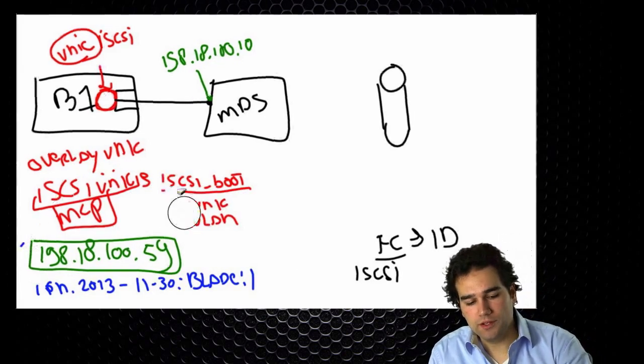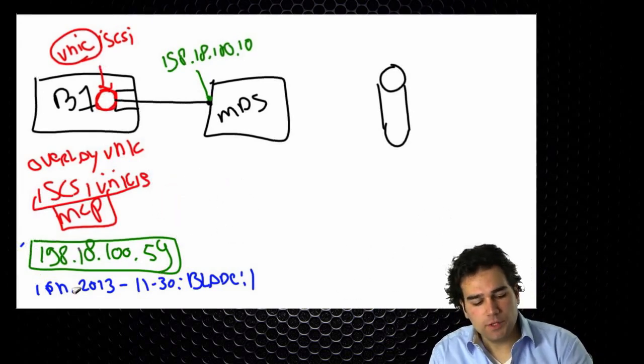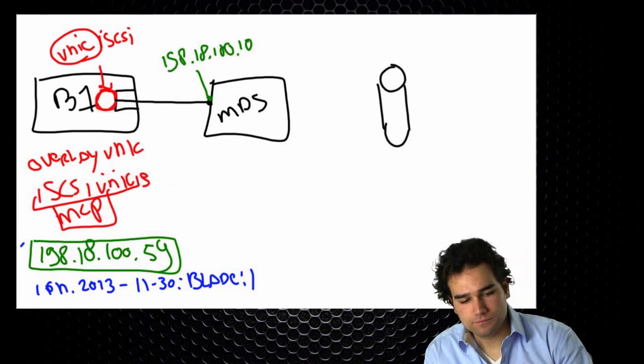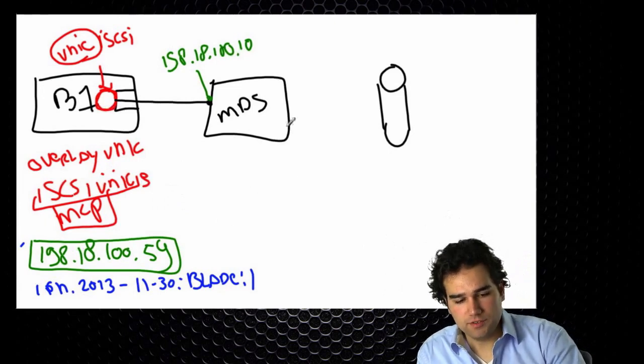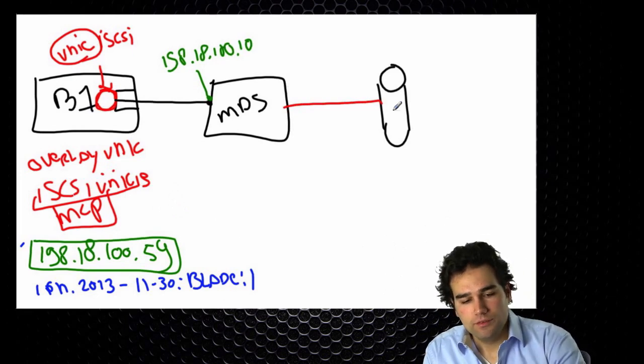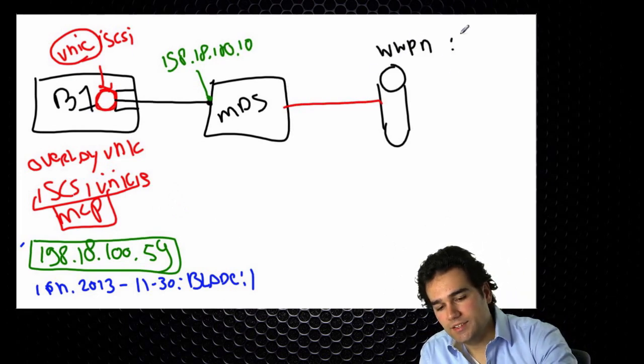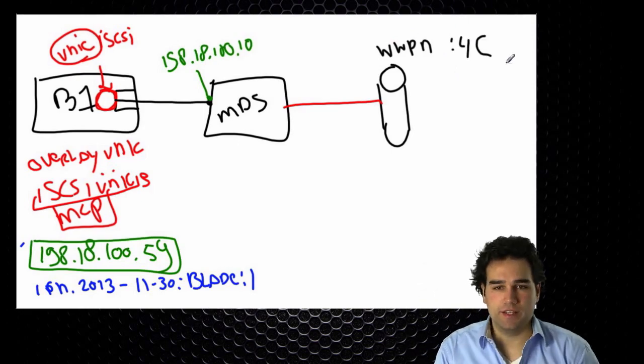I'm going to make some room here. So IQN and IP are clear here. On the Fiber Channel side of things, I have a connection to a disk. That disk has a certain worldwide port name. It ends with 4C in our example.